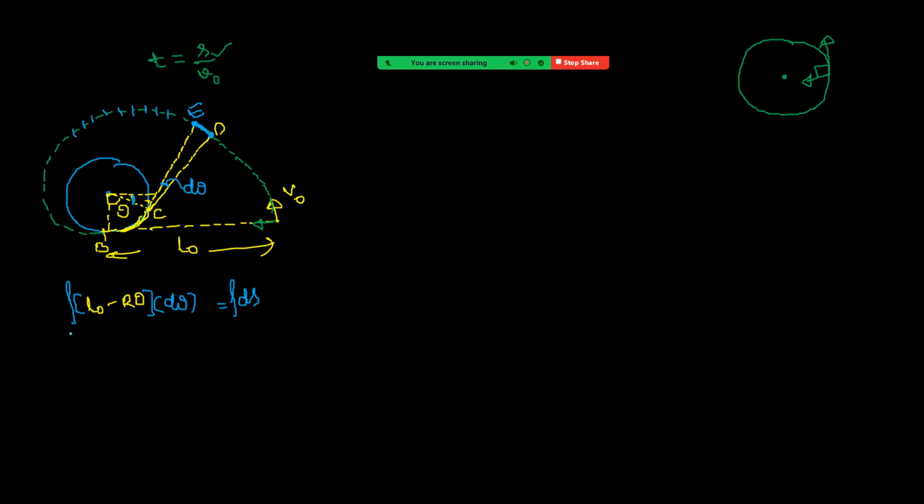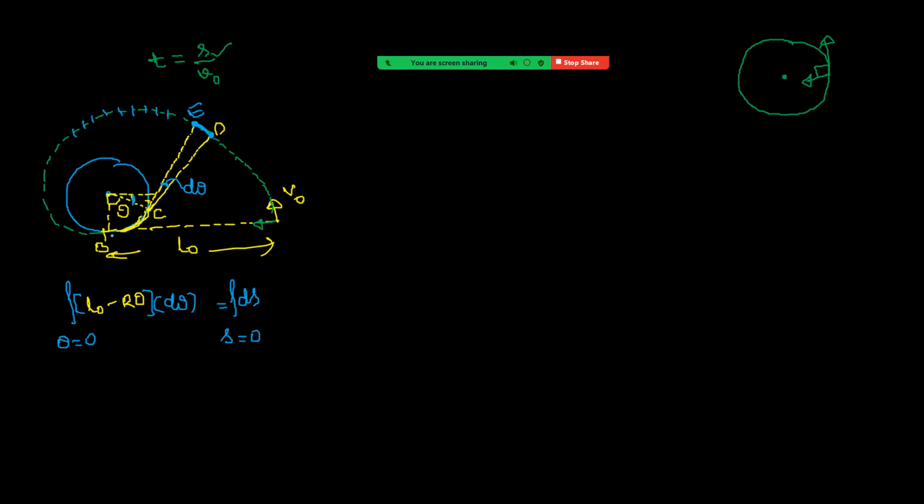See carefully, when theta is equal to 0, it means the string was like this. Okay. So theta equal to 0, distance covered is 0. Now see how much angle we have to consider.